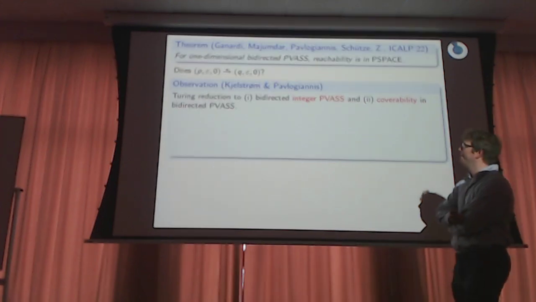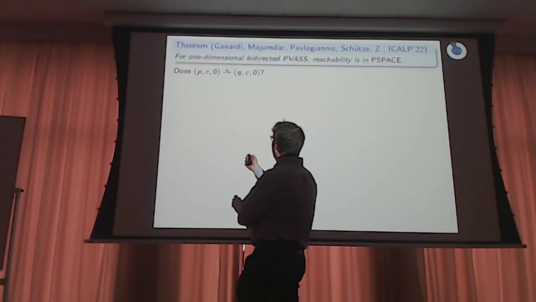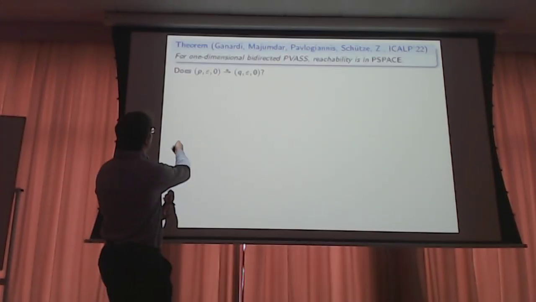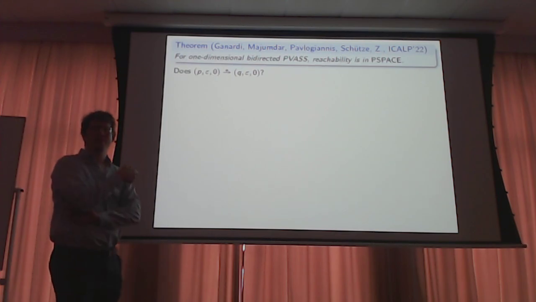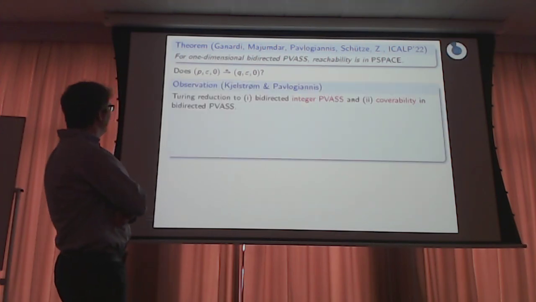Right, and the last thing I want to mention is that in the one-dimensional case, one can get a p-space upper bound. So how do we do this? We want to know, can we go from p to q, from 0 to 0? And the 0 is a one-dimensional 0.